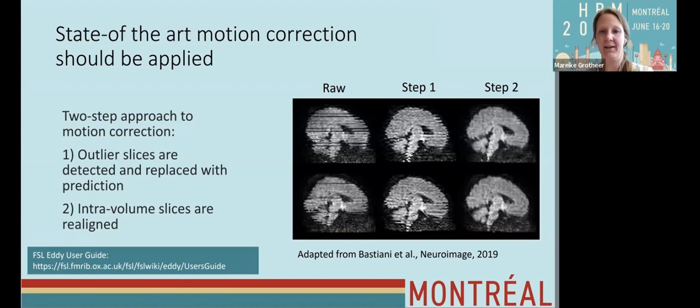First, it is outlier replacement, which means that every slice whose average intensity is some standard deviation lower than the expected intensity is being replaced by a predicted slice. The idea behind this is that motion will lead to signal dropout in the diffusion image, and in order to get rid of this, eddy removes slices that have very low signal. In the next step, it then checks if slices within one volume are aligned to each other, and if not, it realigns them using a process similar to rigid body alignment.